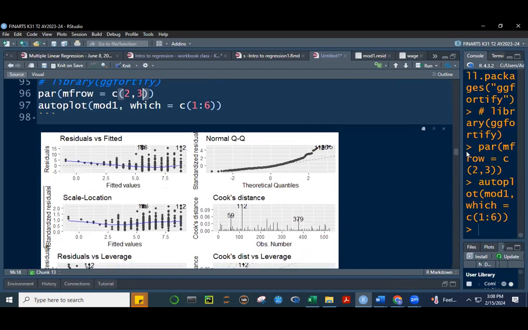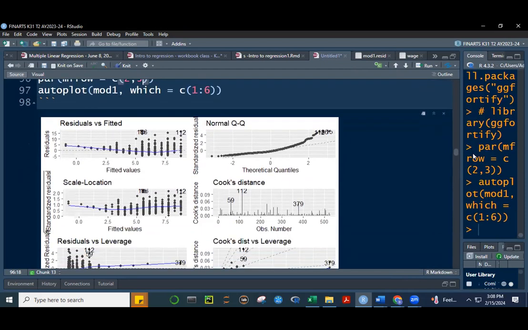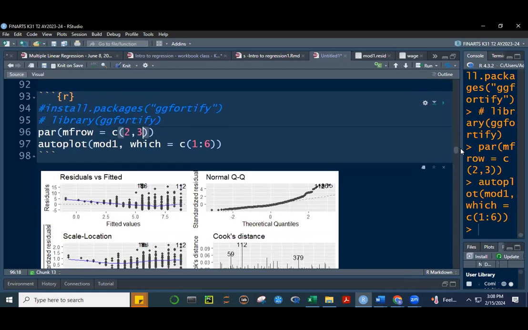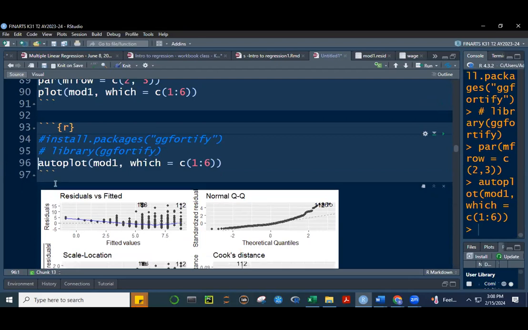Ayaw, no? Default ni autoplot 3 by 2 default ni. So ayaw niya dito. Yeah, kasi linagay ko 2 by 3. So hindi niya sinunod. So let me just delete this. It does not. Kasi ibang ano yan, ibang universe ang plot.